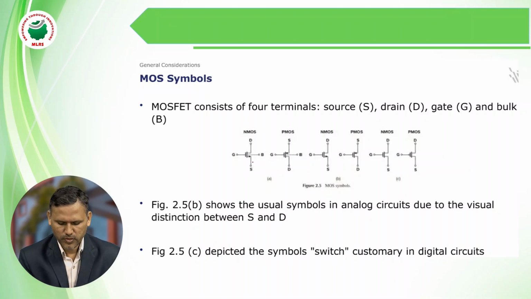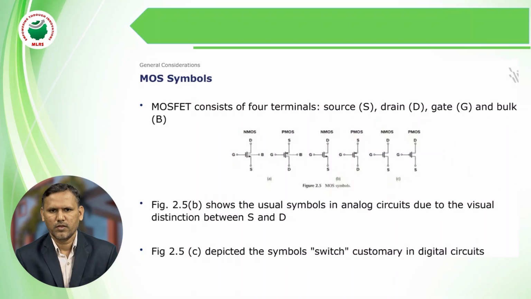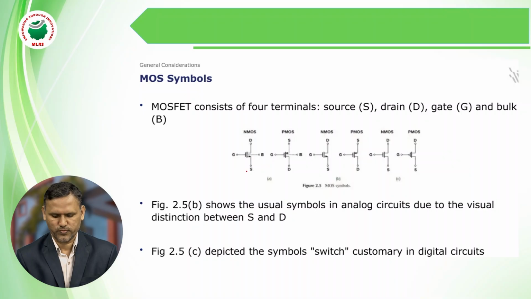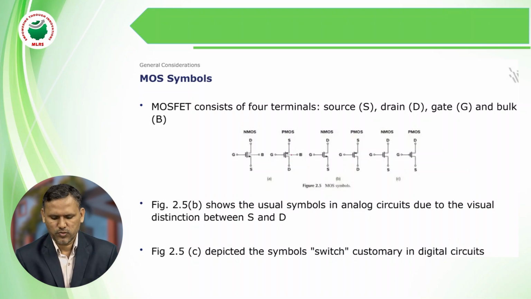In NMOS we observe current flow from the drain to the source, so the arrow direction is towards the source. That is the direction of the current. On the other hand, in PMOS, current flows from source to the drain. Here the direction is observed from the source. This is one type of representation.